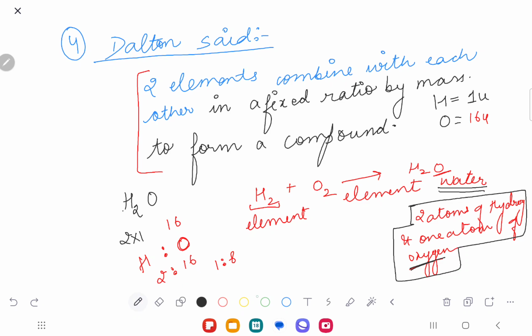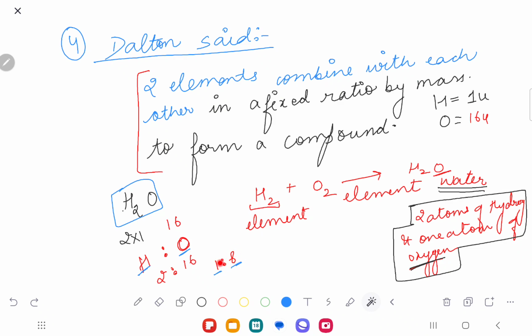Are you understanding my point? Yes. All right. What is the concept here? When we are talking about H2O, the ratio of hydrogen to oxygen shall always be 1 is to 8. Which means what?